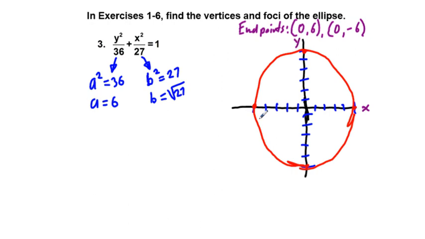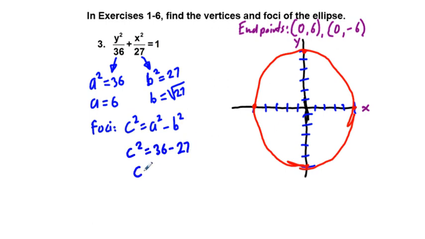Okay, now for the foci, we have c squared equals a squared minus b squared. In this case, c squared is equal to 36 minus 27, so c squared is equal to 9.